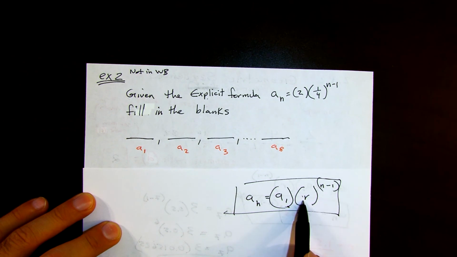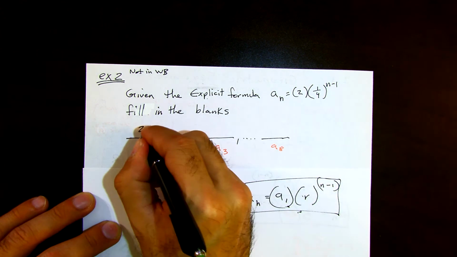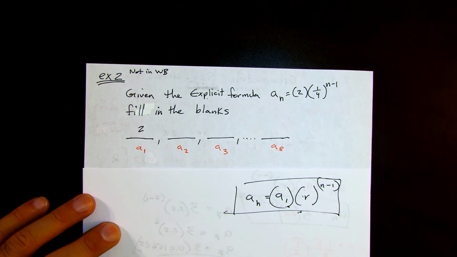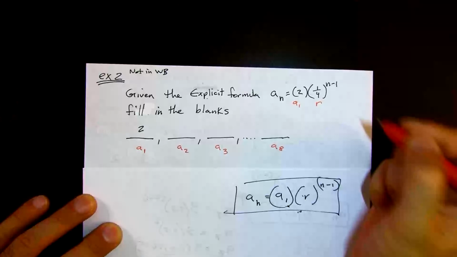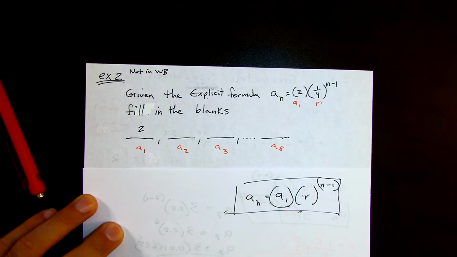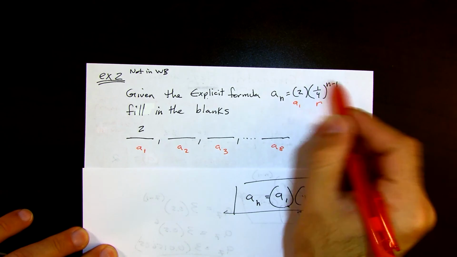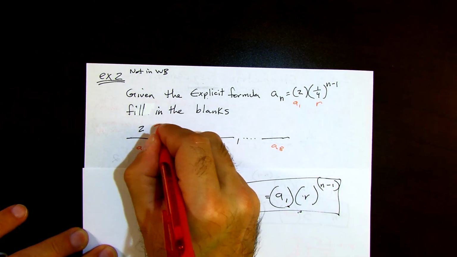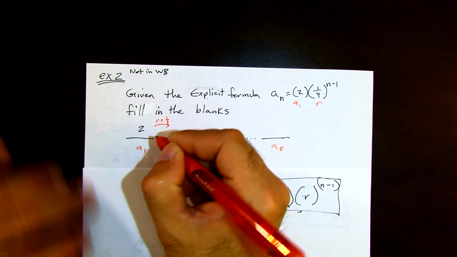Formulas are kind of like a map, right? So I know R is 1/4. A sub 1 is 2. So I'm going to put 2 here. And we actually also know our common ratio. Our common ratio is 1/4. So what I can do is, I could work all this out, plug in a 2, work all this out. Or I can just think about this as my common ratio is 1/4.